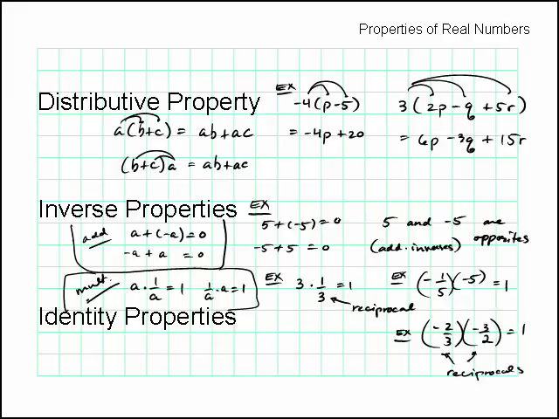Okay, next property is the identity properties. And once again, we have one for addition and one for multiplication here as well. If you take any number a and you add 0 to it, you always get a back. And so 0 is what's called the additive identity.